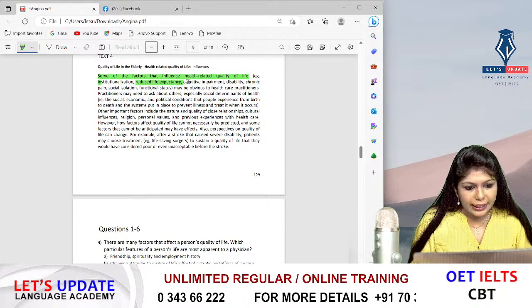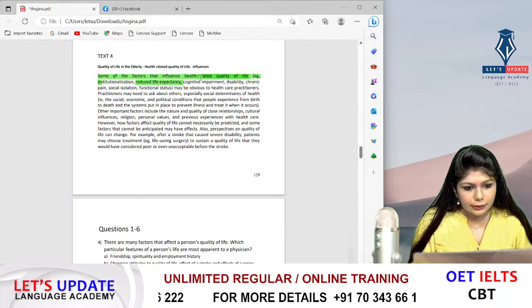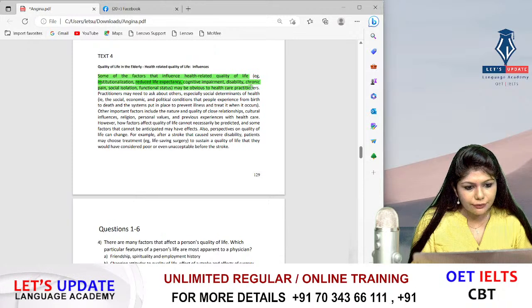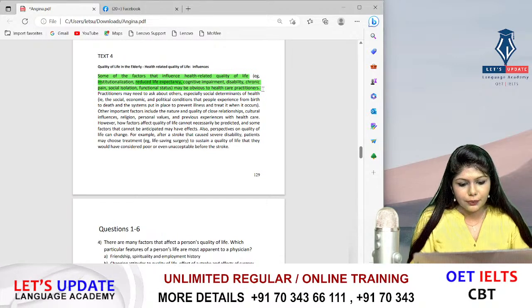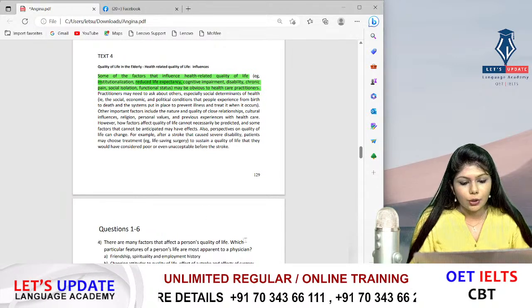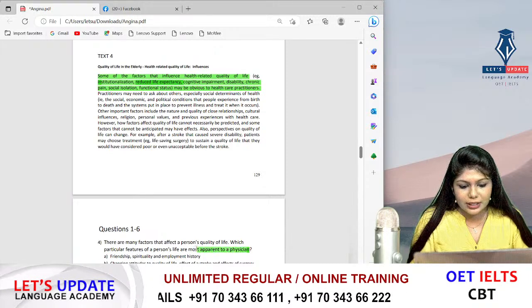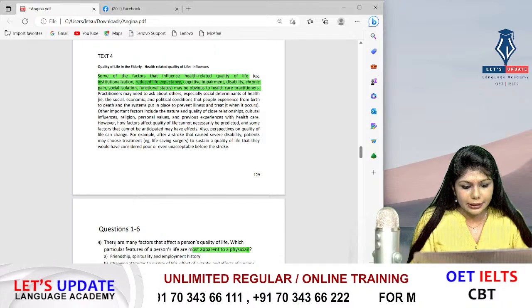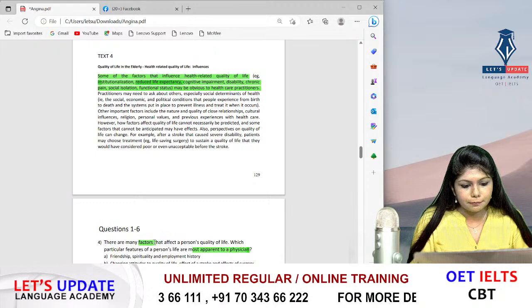Yeah, reduced life expectancy, cognitive impairment, disability, chronic pain, social isolation, functional status, and may be obvious to healthcare practitioners. Okay, that is physician. So we have got the exact sentence here. So most apparent to a physician, that means obvious to healthcare practitioner, and they are asking about the factors.